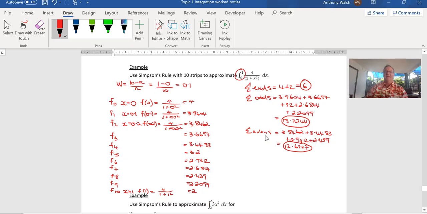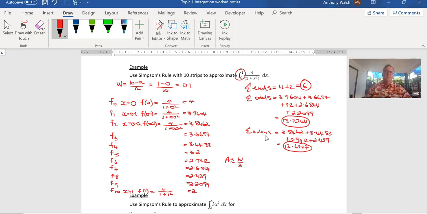So, taking the ends, which is f0 and f10, that's 4 plus 2 is 6. All the odds, which is f1, f3, f5, f7, f9. Add them up, that's 15.7244. And add up the evens, f2, f4, f6, f8, 12.6747. So now we're ready for the area, which is W divided by 3.